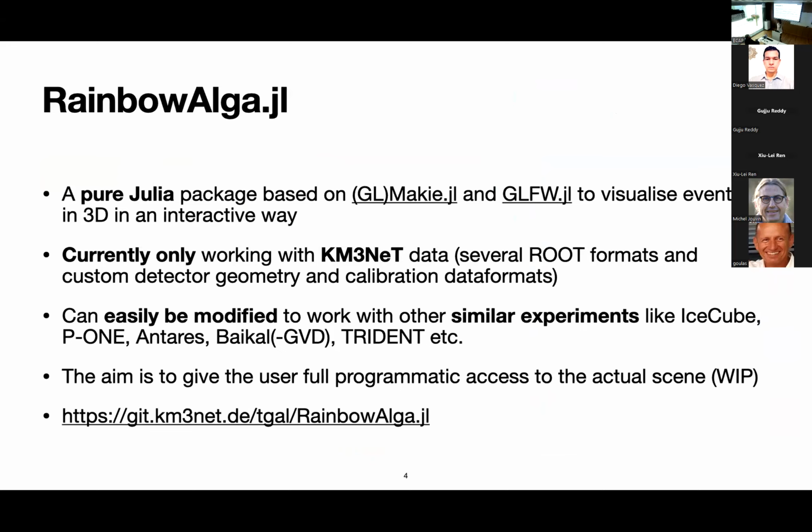Okay, so this is RainbowAlga.jl. The package I wanted to talk about is a pure Julia package based on Makie. I'm using the GL backend, and it uses GLFW behind the scenes to show the window and to allow interaction with the keyboard and the mouse.